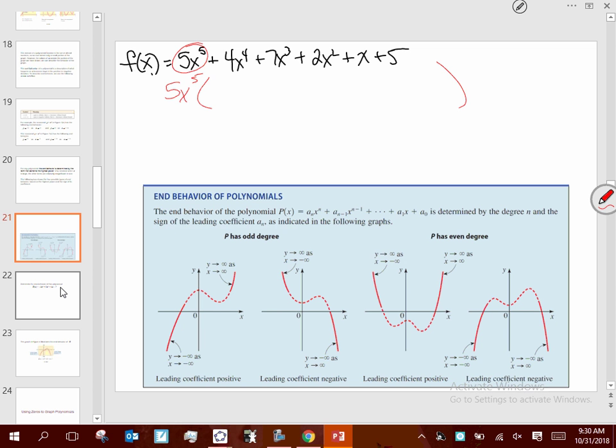Now I'm going to rewrite each one of these terms. The first term is 5x to the 5th, and when I factor out, it's division, right? So we're going to go through and rewrite each one of these terms over 5x to the 5th. Give me a minute to do this.